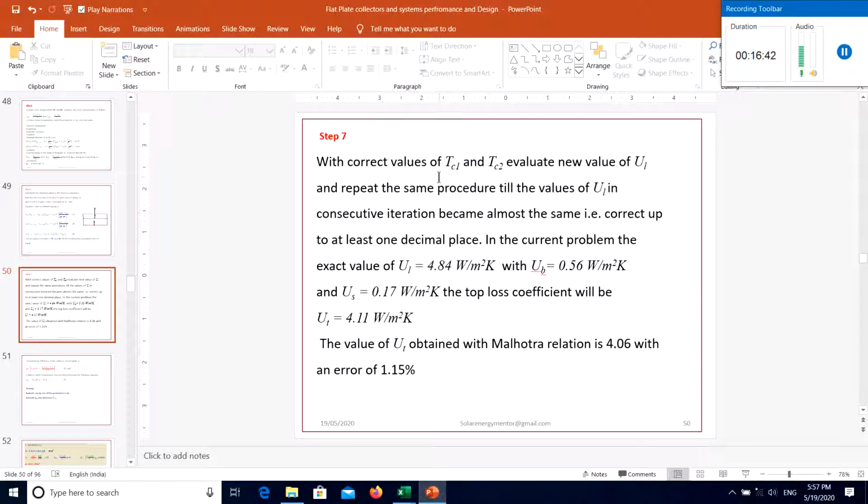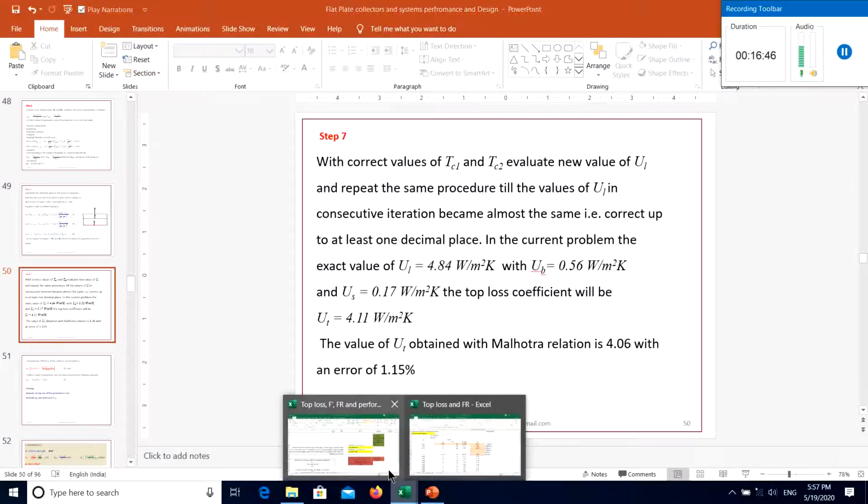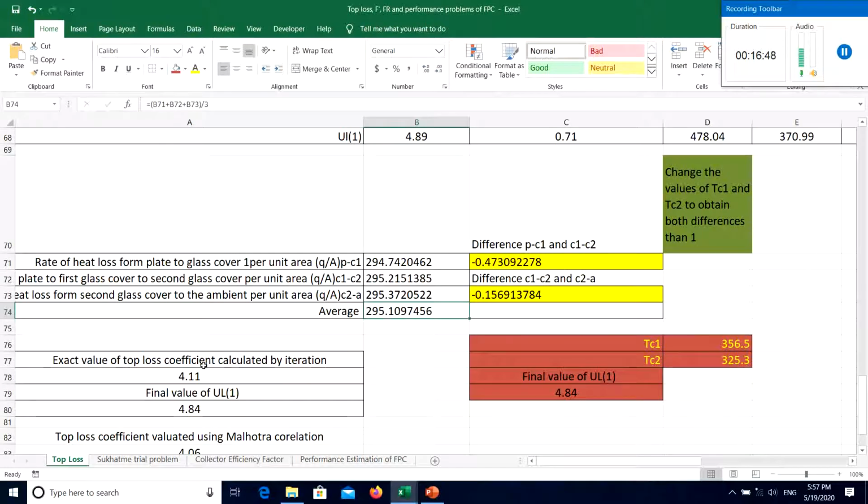With correct value of TC1 and TC2, evaluate new value of UL. Now here new value of UL is evaluated, which uses this expression. So new value of top loss coefficient we will get as 4.11, and new value of UL, which is top loss plus bottom loss plus side loss, is 4.84.